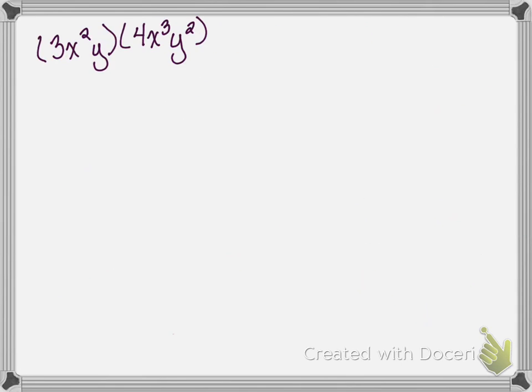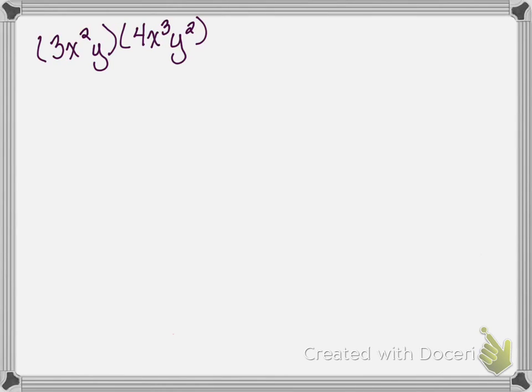Okay. So what I have here is I have 3x squared times y, and I am multiplying that times 4x to the 3rd y squared.